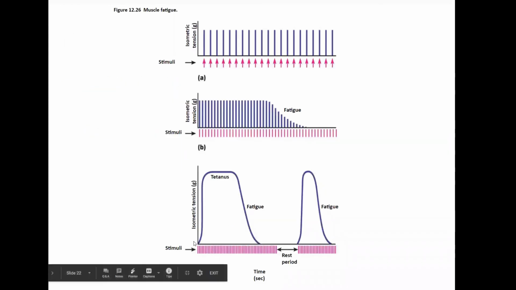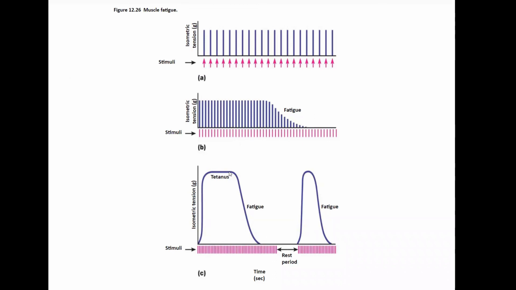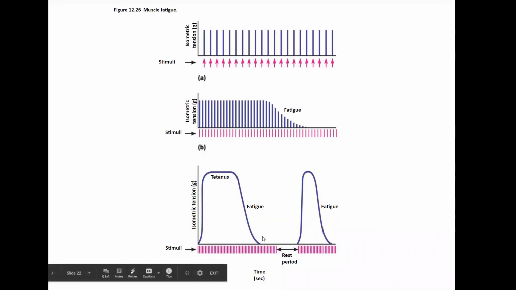Finally, when we're sending stimuli really quickly, we may reach this state of tetanus where we no longer see gaps between our tension at all. We're not relaxing at all. And then we'll see fatigue. If this happens after a rest, we'll be able to get back up to that peak tension again, but we're going to tire much more quickly because we haven't rebuilt our stores of everything that we need.